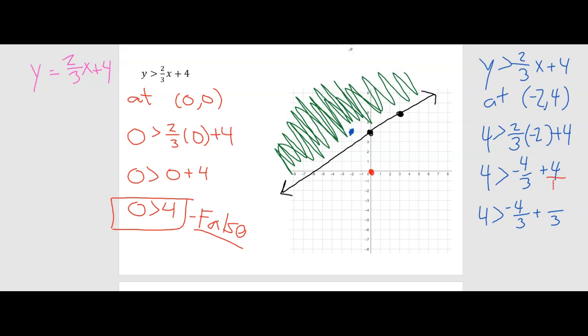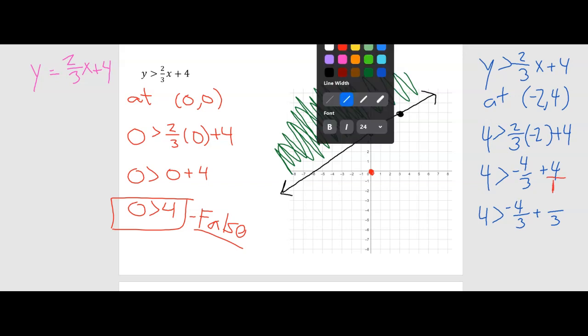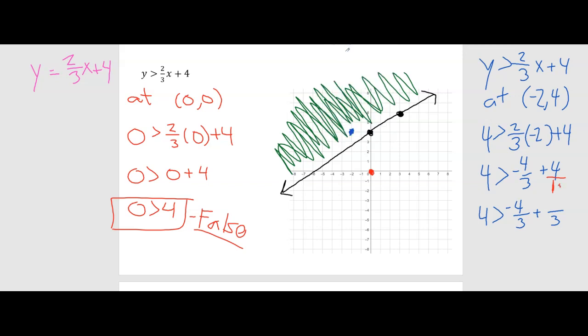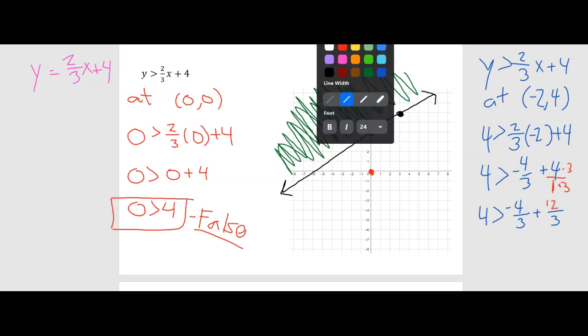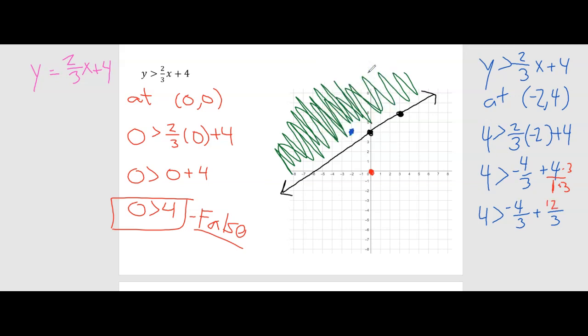And remember, this 4 is really like being over 1. So if I'm multiplying the 1 by 3 to get 3, I've got to multiply the 4 by 3 to get 12. Then if I simplify, I get 4 is greater than 8 thirds.